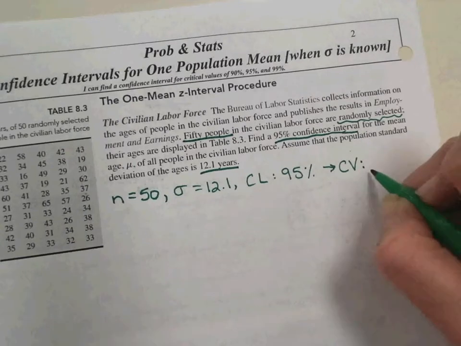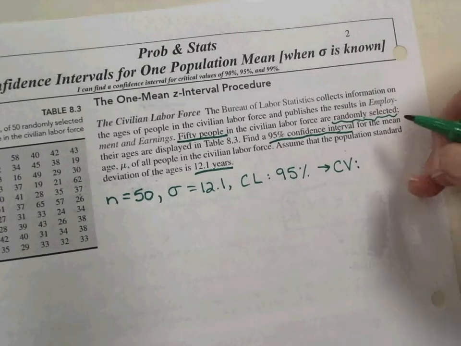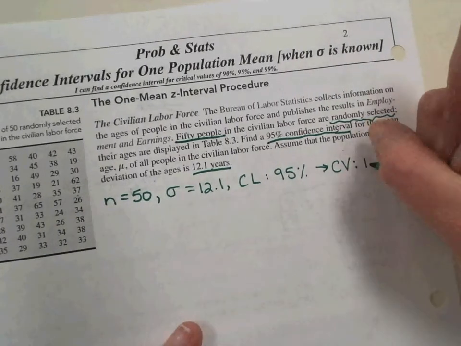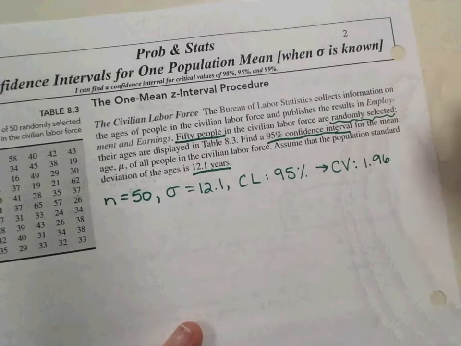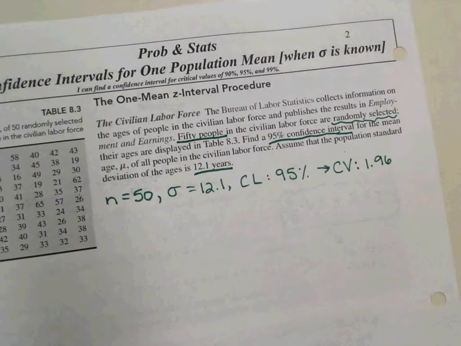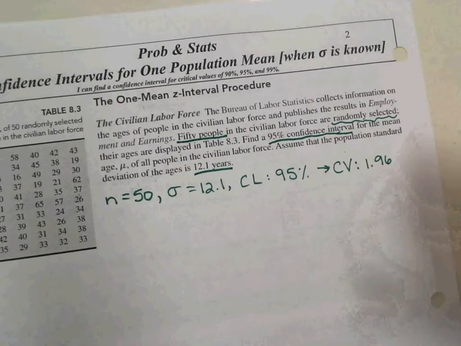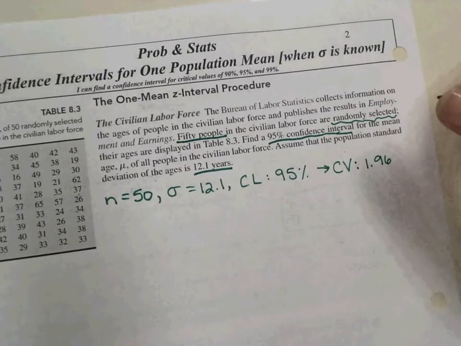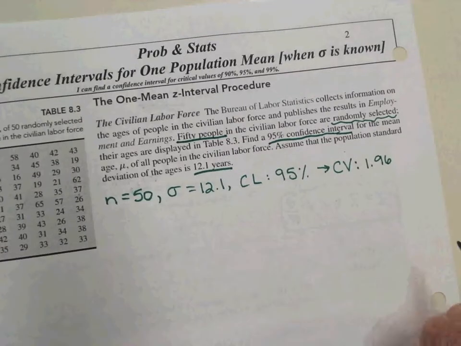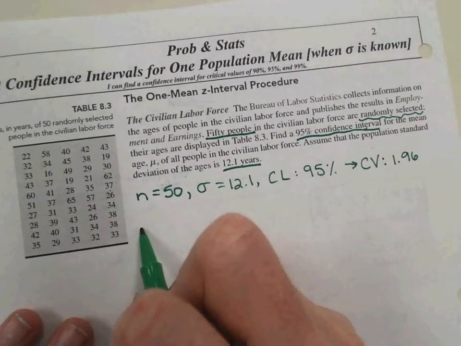My critical value for a 95% confidence interval is what? 1.96, real close to 2, right? That's a table you actually will want to memorize. And it's not hard. Once you start using them repeatedly, it kind of gets stuck in your head anyway.